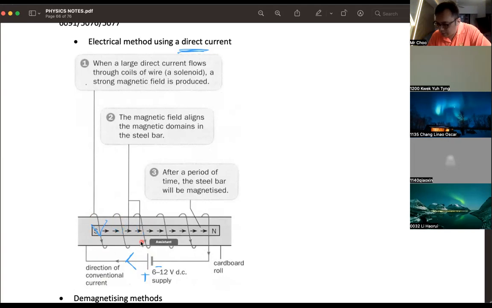Hard to see, let me just redraw again. This is the direction of current. Your forefinger is the direction of the current. Your fingernail is the arrow.